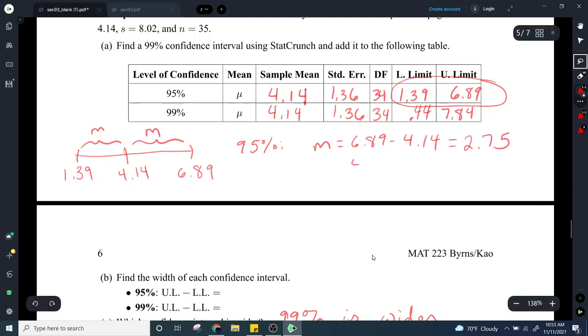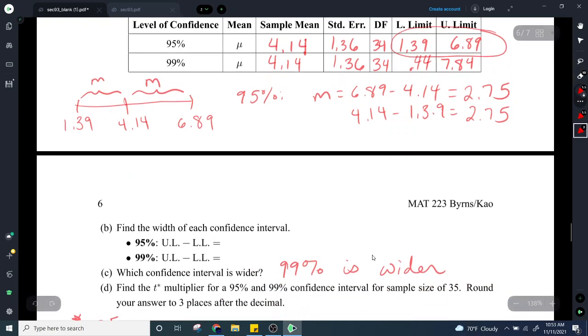If you do 4.14 minus 1.39, I'm getting 2.75, the exact same thing. Those should be exactly the same, so it doesn't matter which one you use.